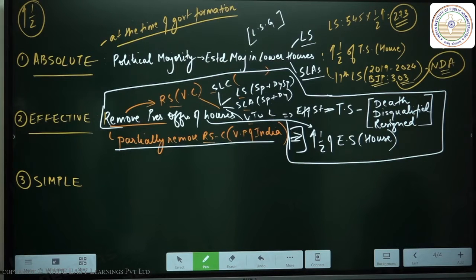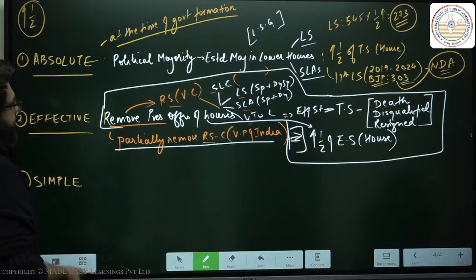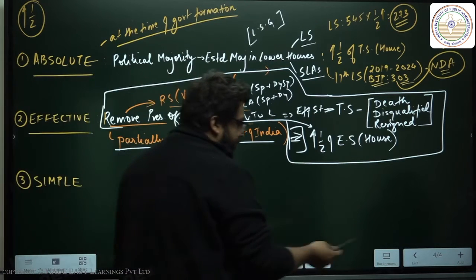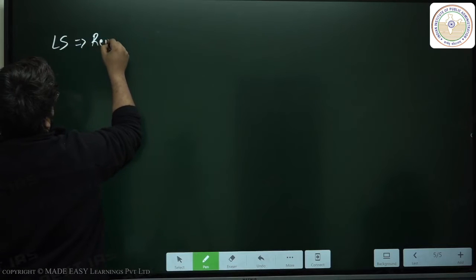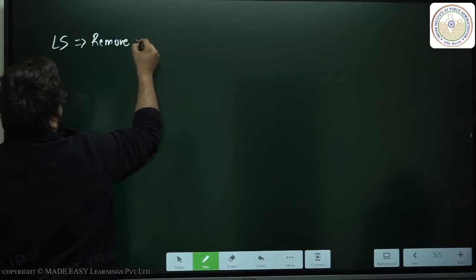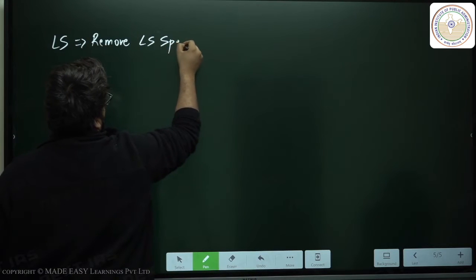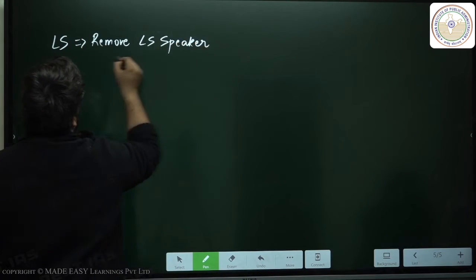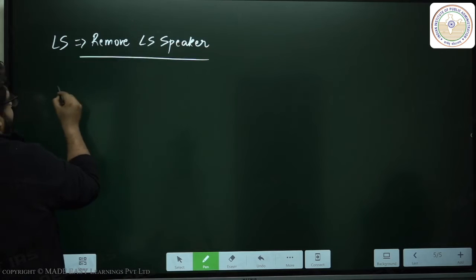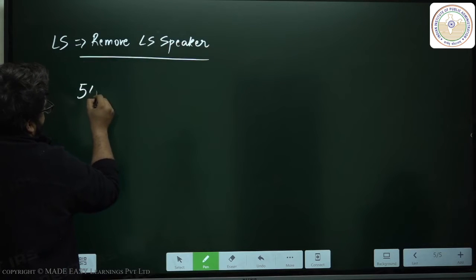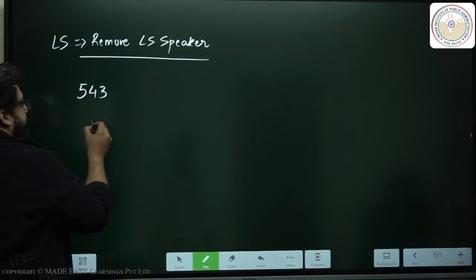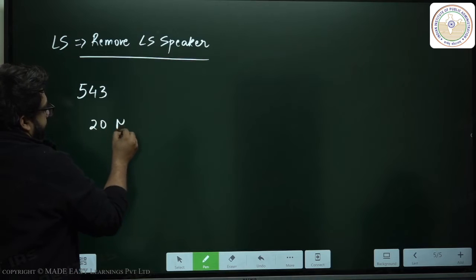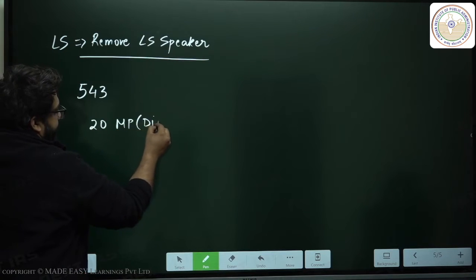Simple. For example, let us say, let's do some maths. Let us say, we'll do maths on the fresh page. Let us say we are talking about the Lok Sabha and we want to remove the Lok Sabha speaker. Let's say the current strength of the Lok Sabha is 543. Okay. Out of which, let us say, there are 20 MPs who have died.